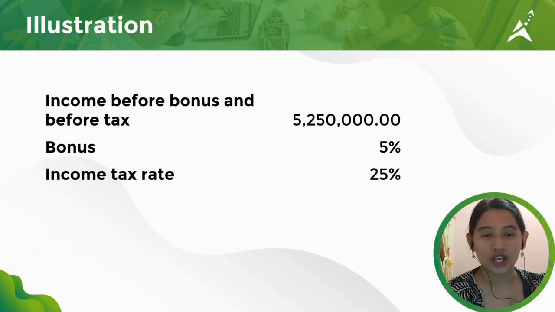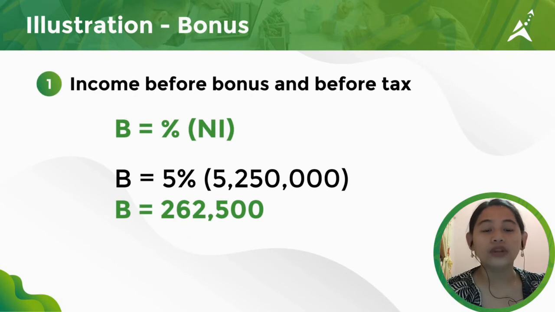First, an illustration about income before bonus and before tax. Our formula: B equals percent of bonus times net income. So, what is our percent of bonus? 5% is given by the entity to an employee. And the net income, for example of the entity, is 5,250,000.